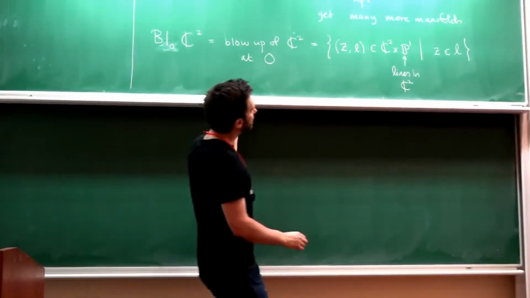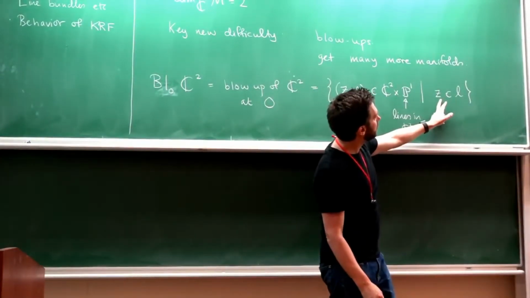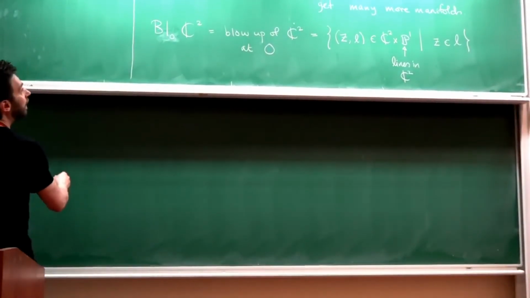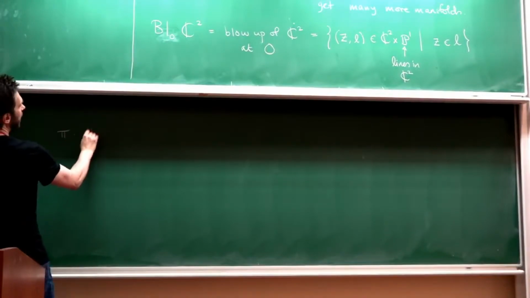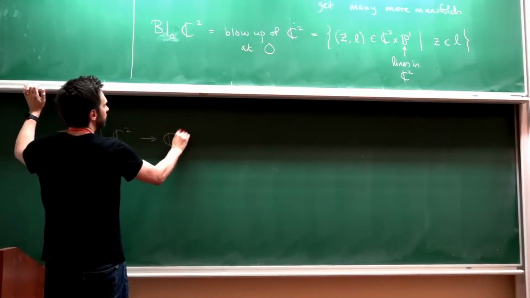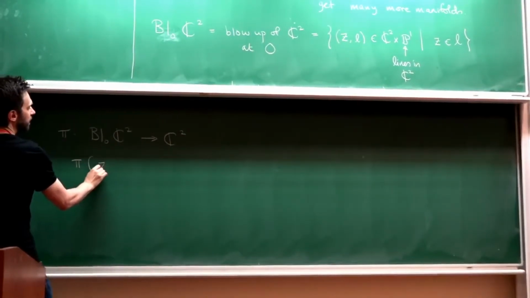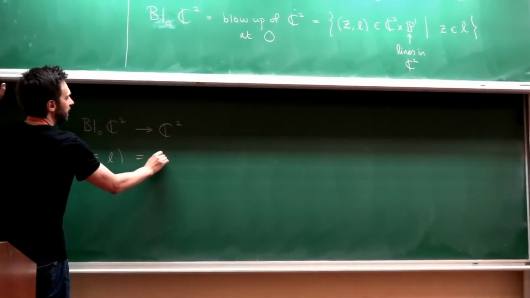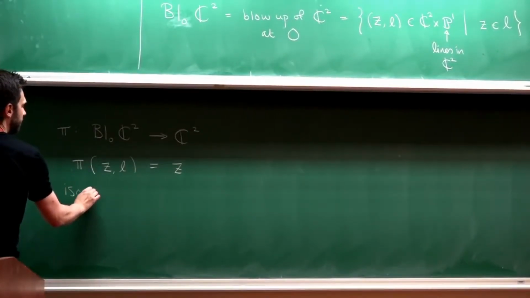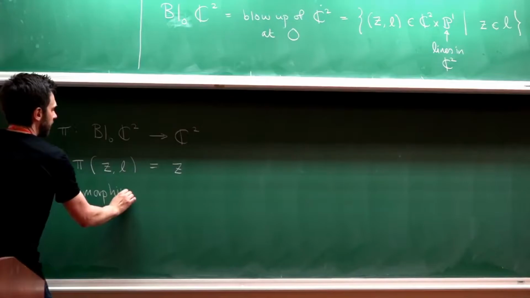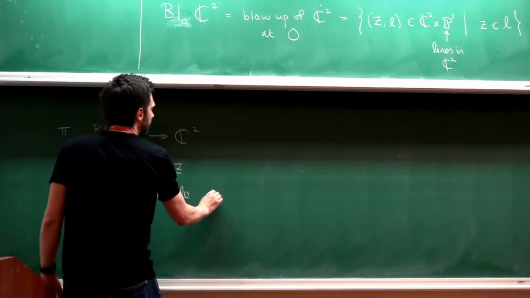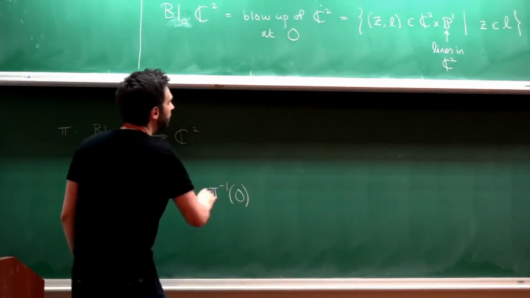This of course has three dimensions, but there is one algebraic equation, so this is a two-dimensional manifold. And there's a map pi, called the blow-down map, which maps this blow-up of C2 at the origin to C2, and it's simply the projection. So (Z, L) goes to Z, and this map is a biholomorphism outside pi minus 1 of 0.